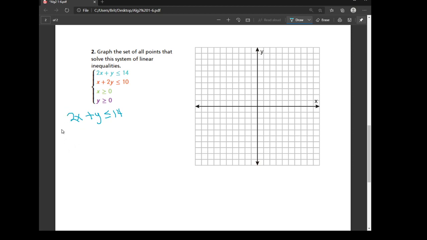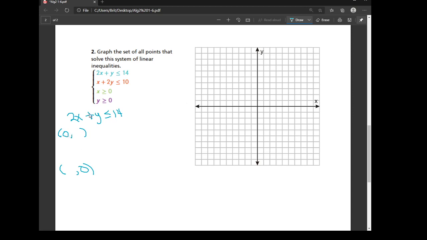First, I'll plug in a 0 for x, which gives me a point on my y-axis. Then I'll plug in a 0 for y, and that gives me a point on the x-axis. I find that a little easier than slope-intercept form, but either way works, okay?